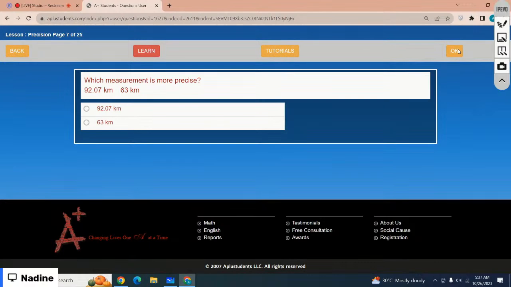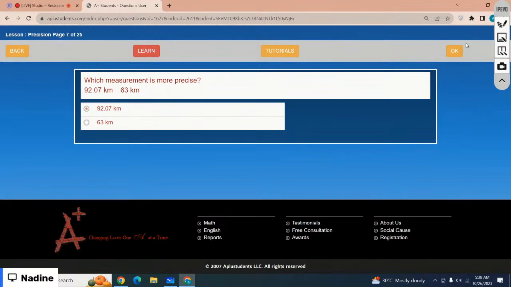Which is the correct option? The correct option is 92.07 kilometer, right?